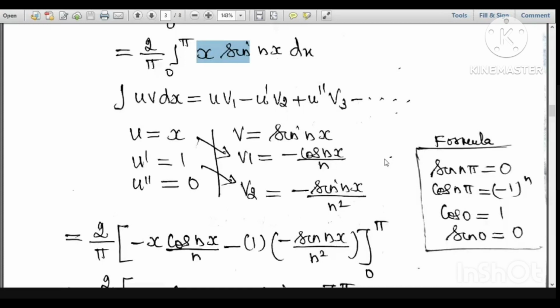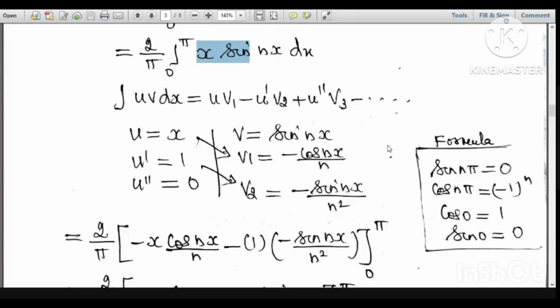Because the integral of sine ax dx is equal to minus cos ax divided by a. Here for sine nx, integrating one time gives minus cos nx divided by n. So v2, again you have to integrate v1.